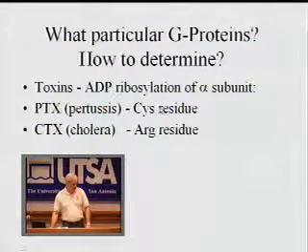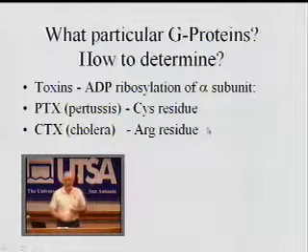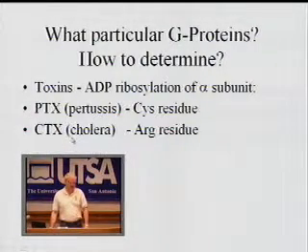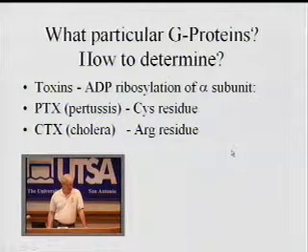There's the Pertussis Toxin that acts at a cysteine residue, and the Cholera Toxin that acts at an arginine residue on the alpha subunit. So might it be the G sub S or the G sub PLC? And these two tools allow us to differentiate. The cholera toxin is specific for adenylate cyclase, and the pertussis toxin is targeting the G sub PLC system.